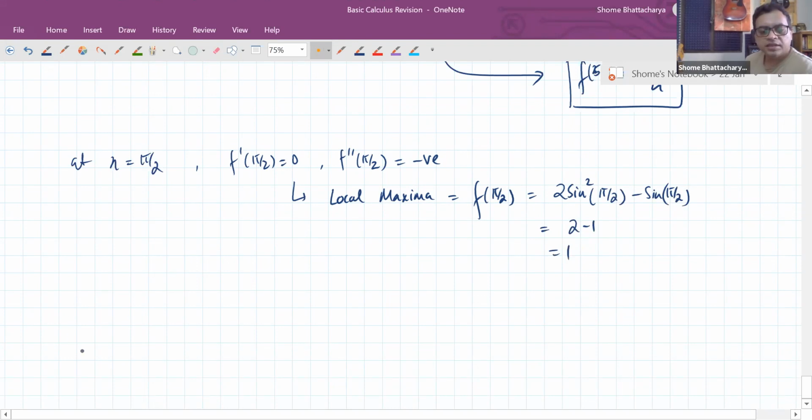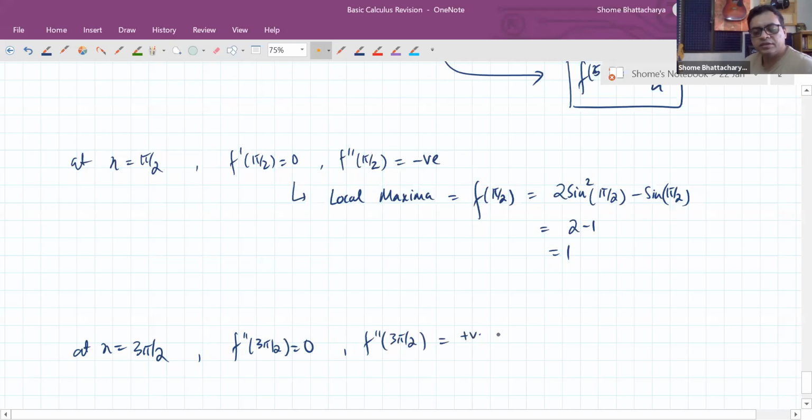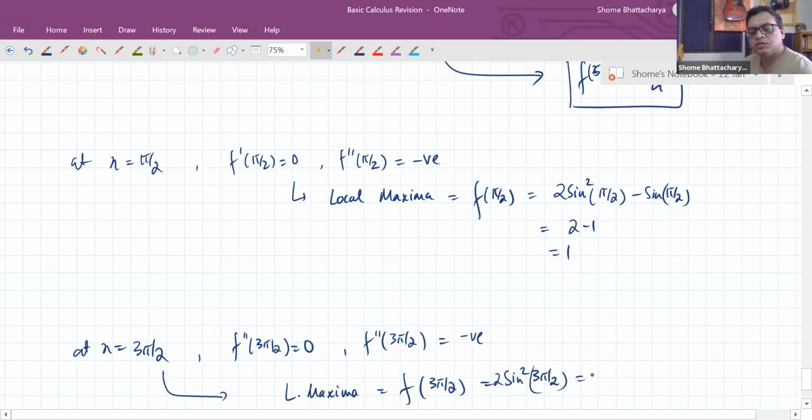And then again at x equal to 3 pi by 2, we have the same thing, that the derivative is 0 and the second derivative is negative. So we have a local maxima equal to this much. Now, interestingly, this will have a different value because sine 3 pi by 2 is negative of 1.